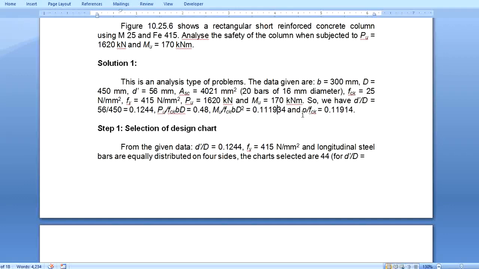Next, P divided by FCK, where P is the percentage of steel.